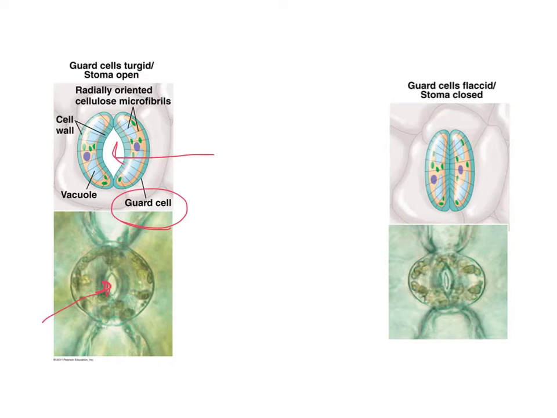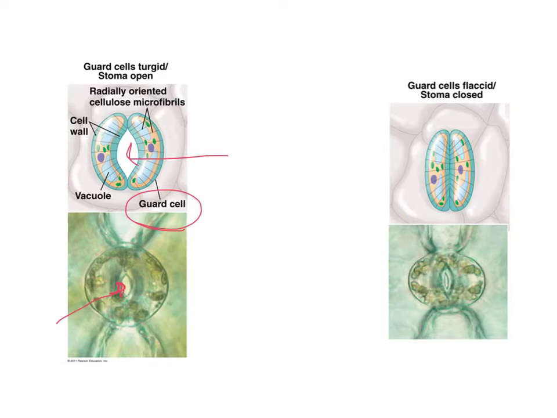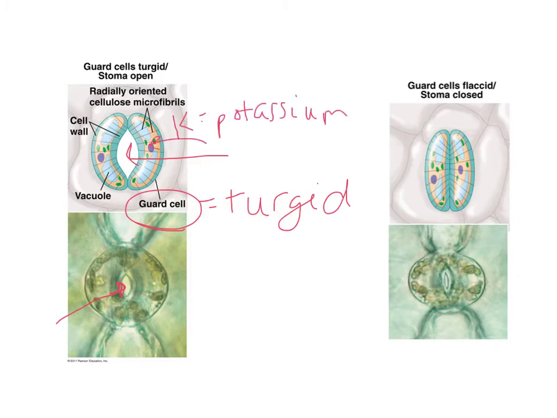So the guard cells regulate whether this is open or closed, okay, and they're going to do that by water. Remember that turgor pressure and whether the cell is flaccid. So if the guard cell here is open, that means it's turgid. Okay, it has a very high turgor pressure. Okay, what happens is when there's plenty of water available, potassium, remember K is potassium, will go into the cell.